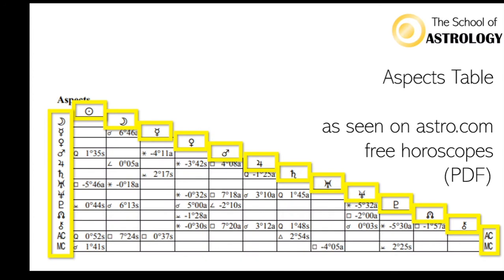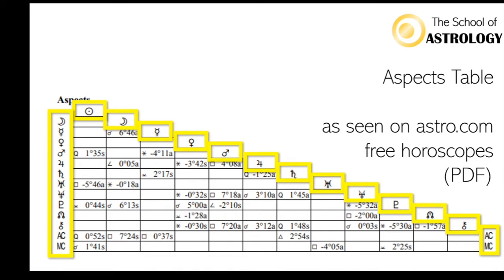And here is also one that we find on Astro.com that gives you all the details with the type of aspects for all the planets in connection with all the other planets, the types of aspects that they have, the degrees deviation, and whether the aspect is going to become exact or has been exact already. So we're going to look at this in a little more detail just now, how to read it.